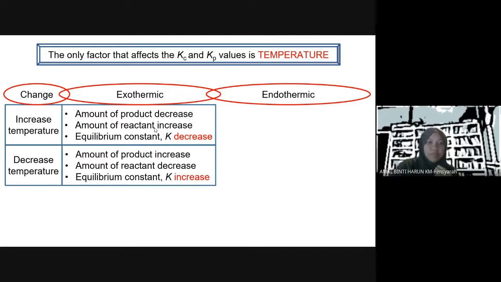Kalau endothermic pula, terbalik. Decrease temperature, amount of product increase. Untuk exothermic. Lepas tu, amount of reactant decrease.